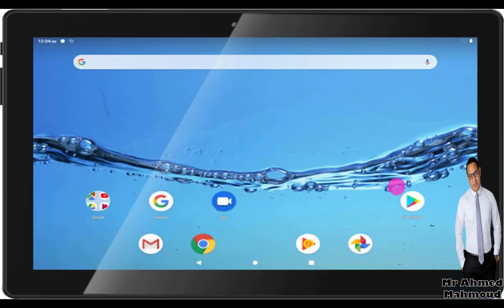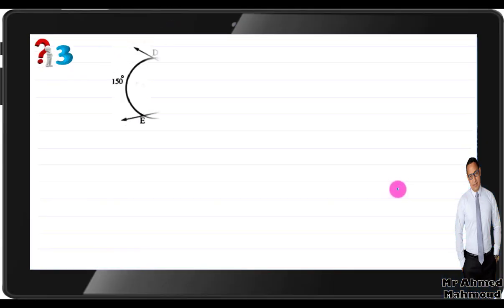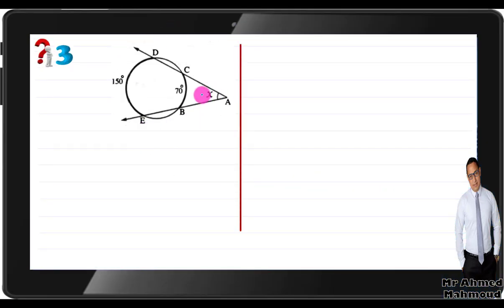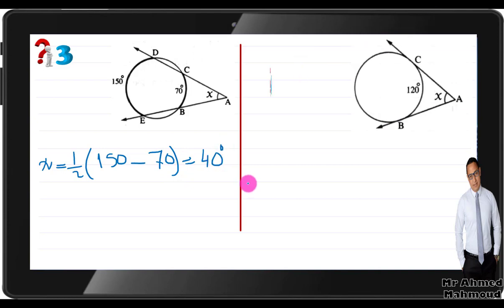Number 3, x is outside also, so x equals half, open brackets, 150 minus 70, equals 40 degrees. And here x is outside also, but first I need to find BC.